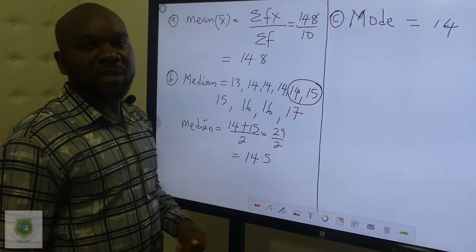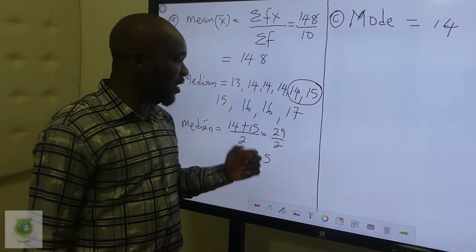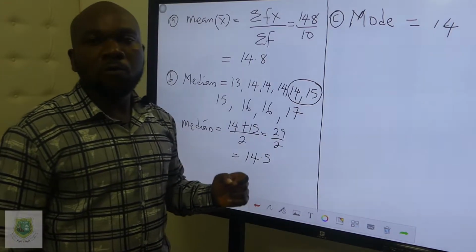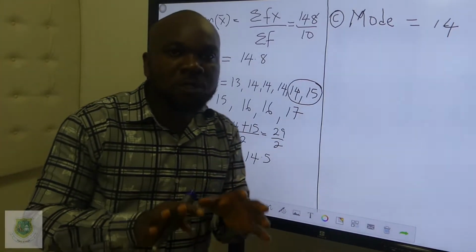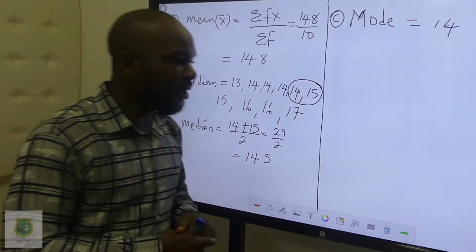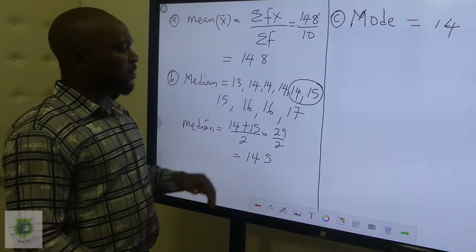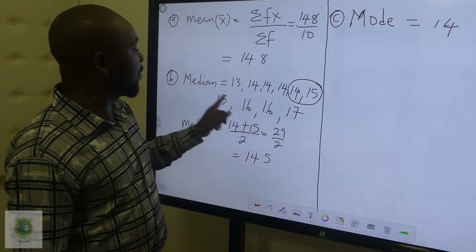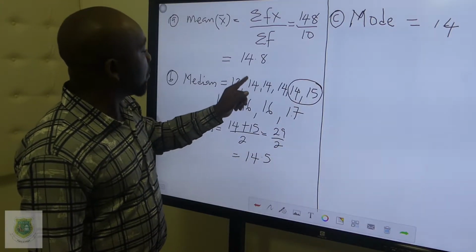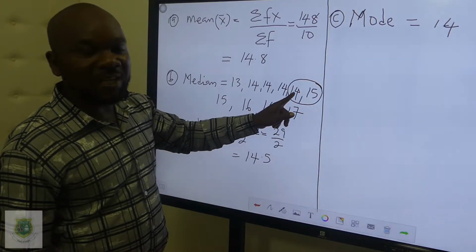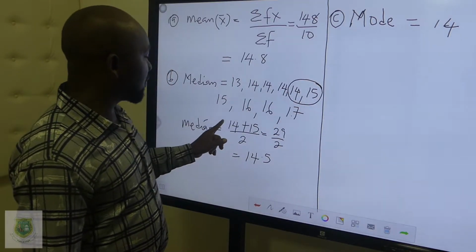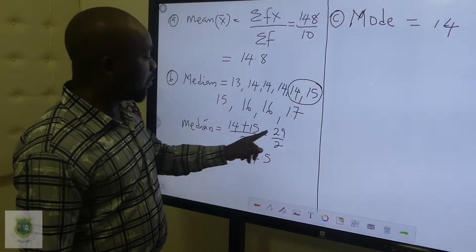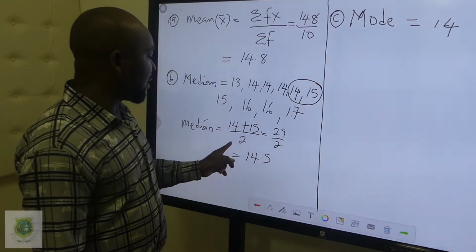If you count them, 1, 2, 3, 4, 5, 6, 7, 8, 9, 10. This, just like I've said, is an even number, which means that 2 numbers must fall at the center. Then this is 10 numbers. You start from here, you count 1, 2, 3, 4. The 2 numbers at the center are 14 and 15. Then 14 plus 15 is 29, divided by 2.